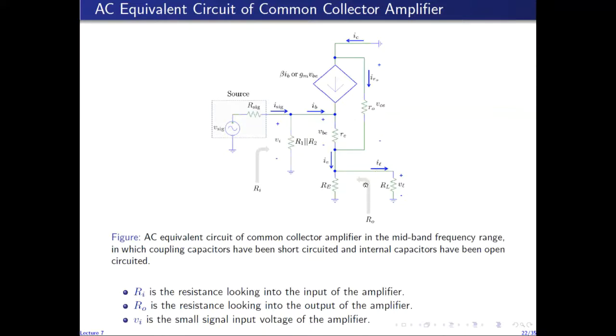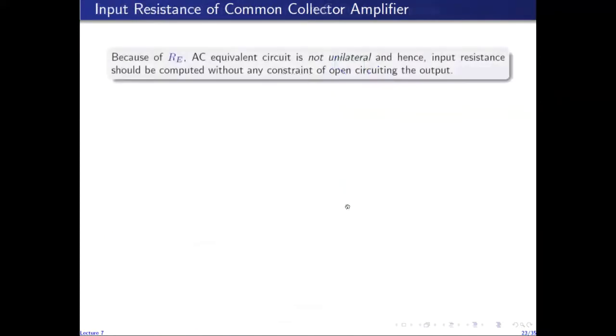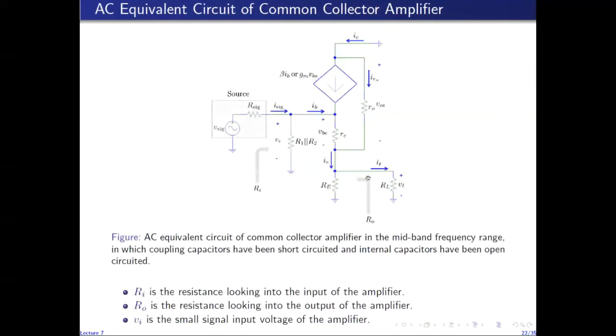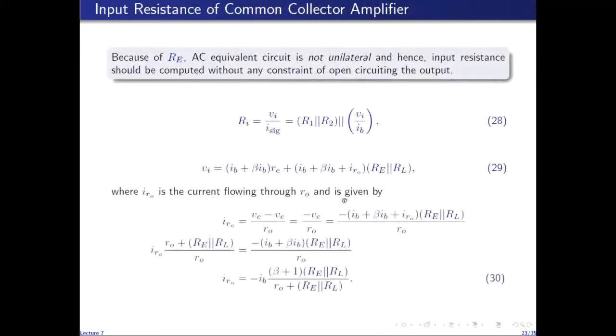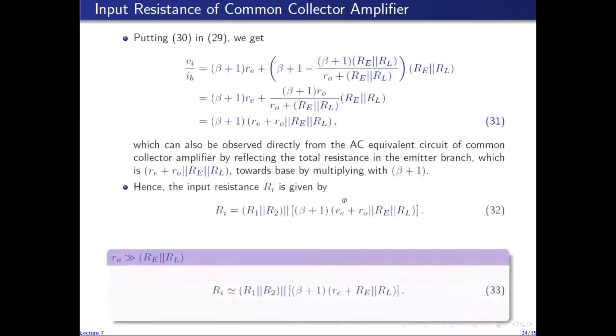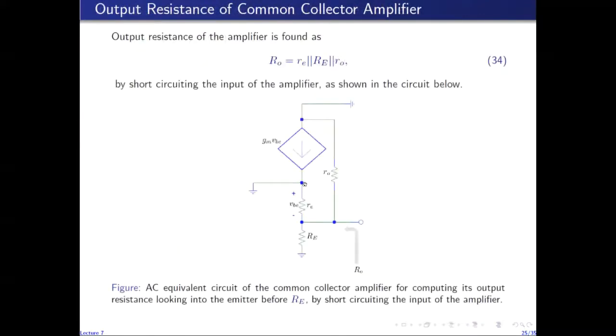And we are left with, since I want to find the resistance seen looking into this port, the reduced AC equivalent circuit given by this diagram, in which the base is directly grounded and the resistance, which was R1 in parallel with R2, connected to the base and ground, has been shorted out because of this ground connection of the base.